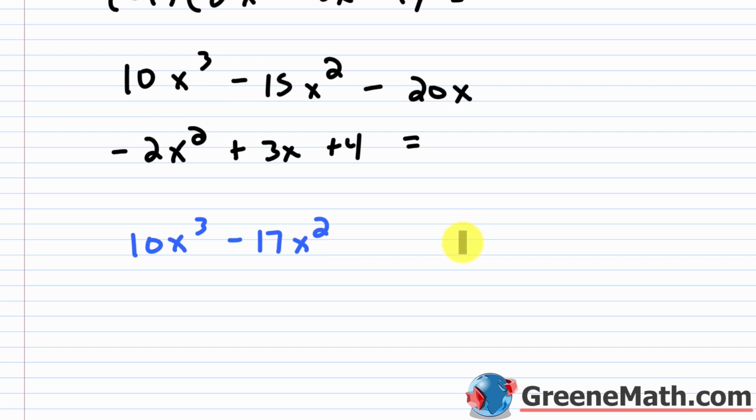The next guy would be x to the first power, so you've got -20x and plus 3x. So -20 plus 3 is -17, so you'll have minus 17x. And then lastly, you just have this constant term 4 here, and nothing to combine with it, so plus 4. So no other like terms here to combine, so we get 10x cubed minus 17x squared minus 17x plus 4.